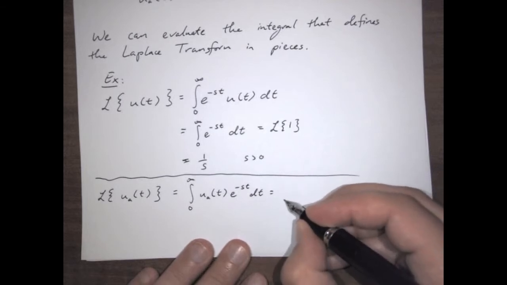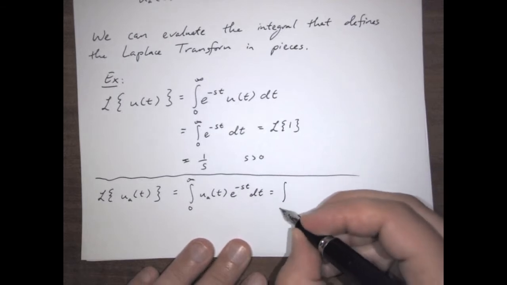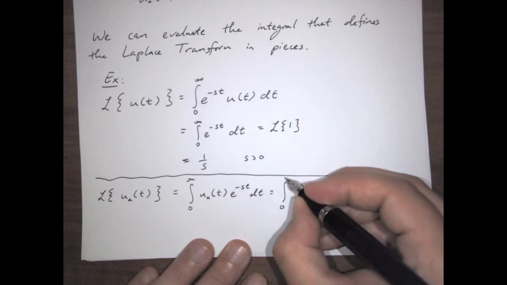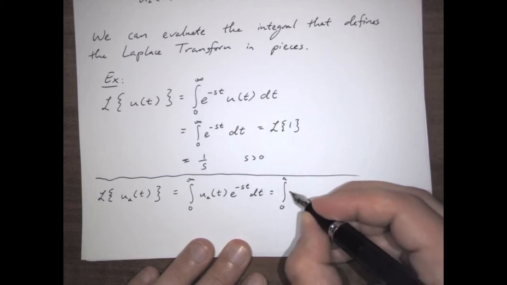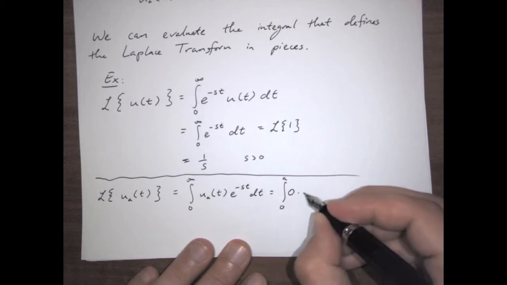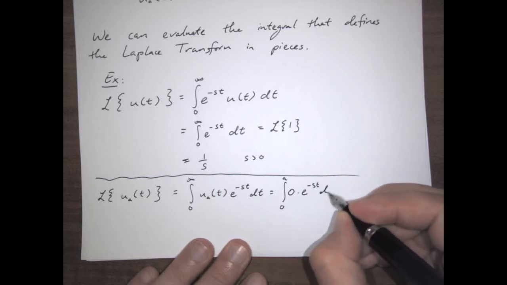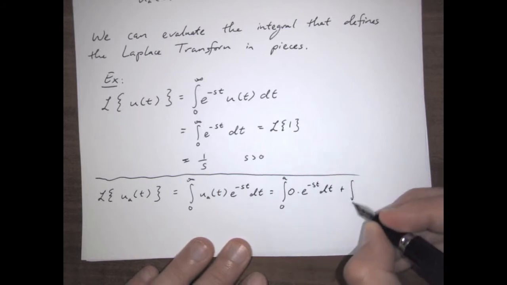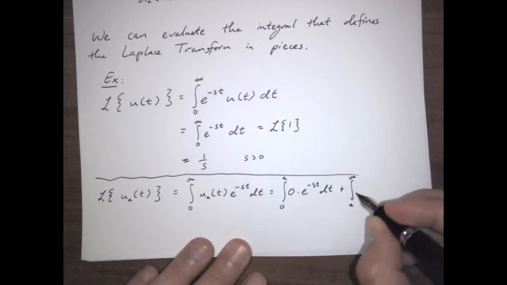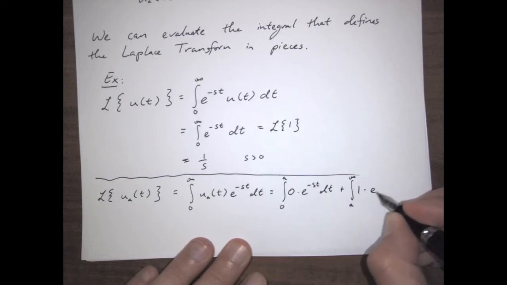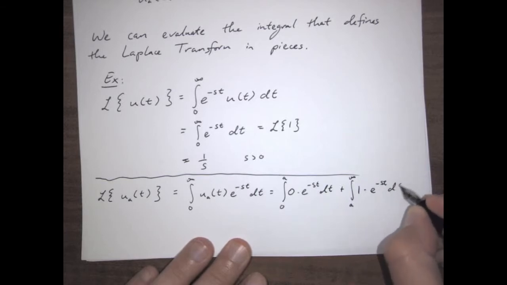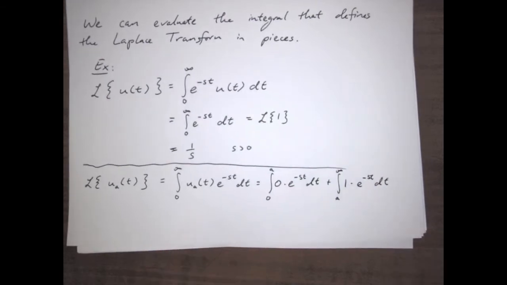But this is going to be just equal to the integral from 0 to a of just 0 times e to the minus st dt plus the integral from a to infinity of 1 times e to the minus st dt. So we can break up the integral into pieces.